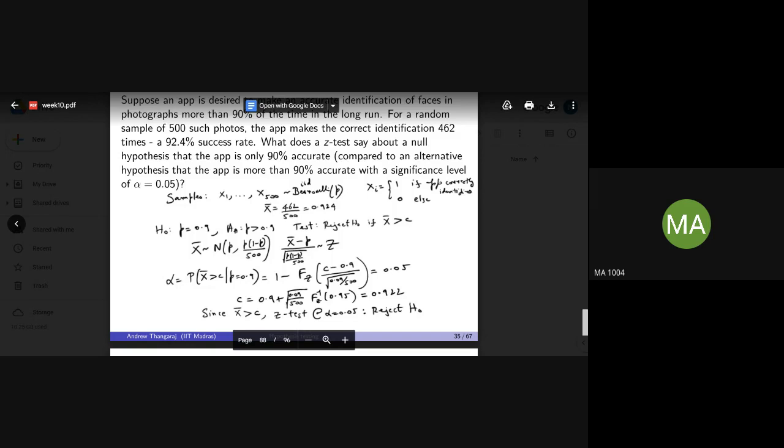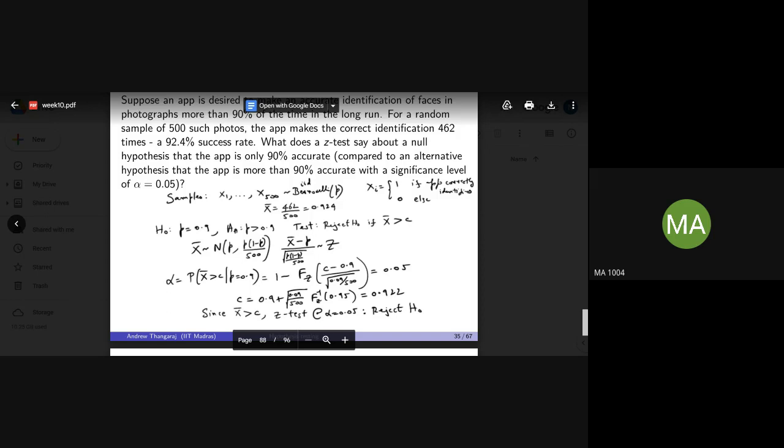Now we'll convert this X bar to the standard normal form, and we got C minus 0.9 divided by the square root of 0.09 divided by 500. Once you do all the calculation, you get C to be 0.9 plus the square root of 0.09 by 500 times F inverse of 0.95.